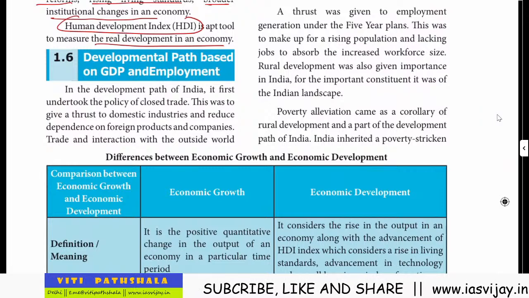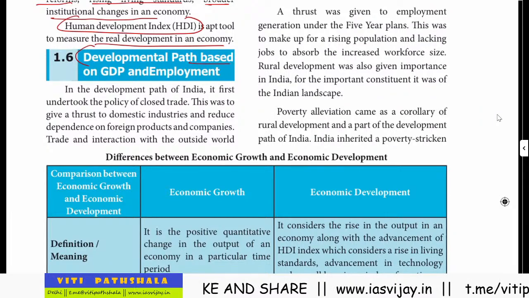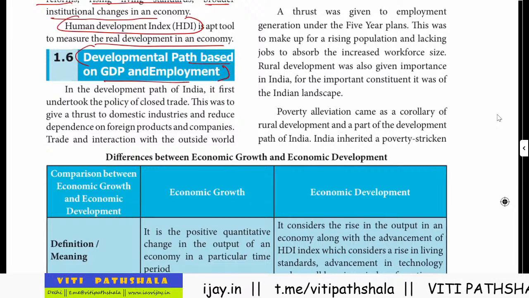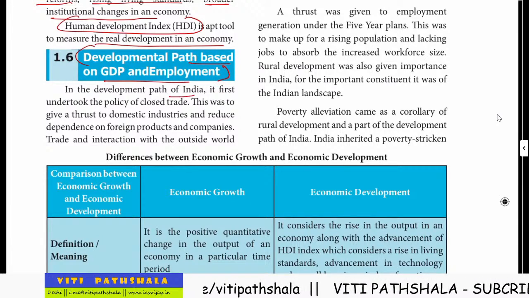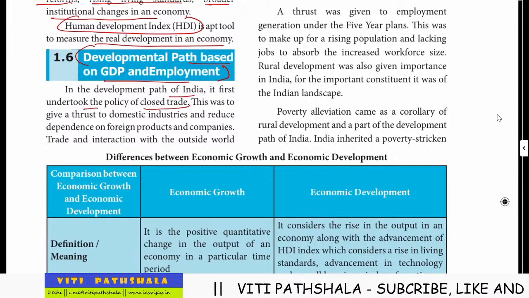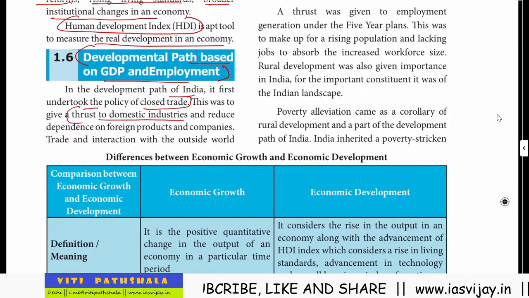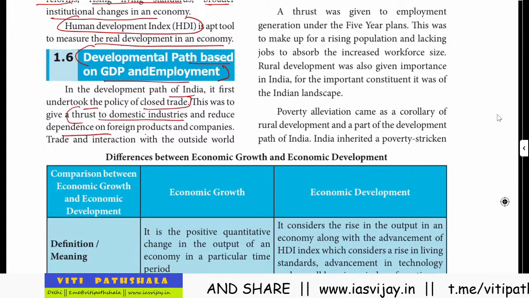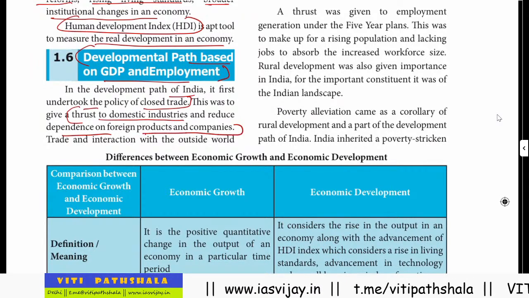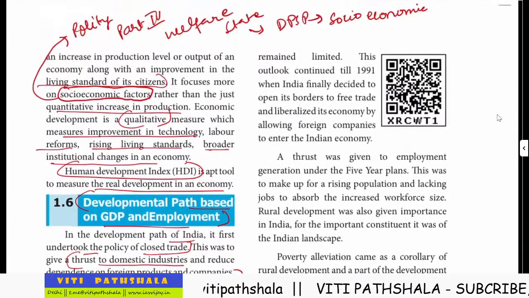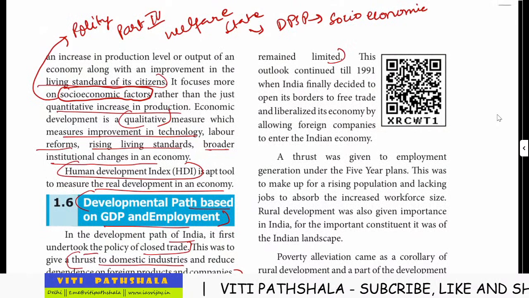Now next is the development path based on the GDP and the employment. In the development path of India, it first undertook the policy of closed trade. This was to give the thrust to the domestic industries and reduce the dependence on the foreign produce and companies. Trade interactions with the outside world remained limited.